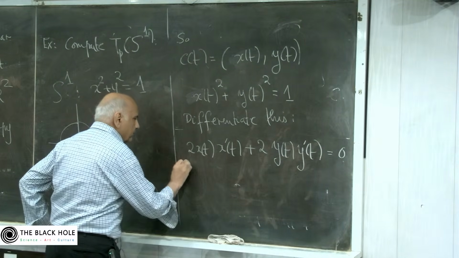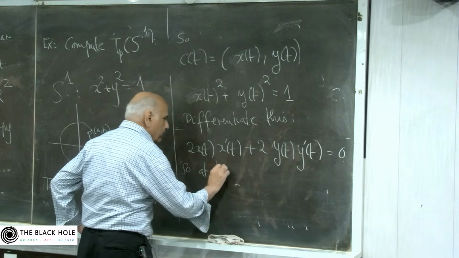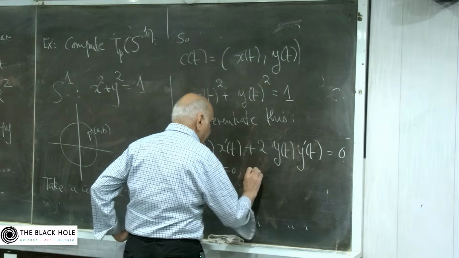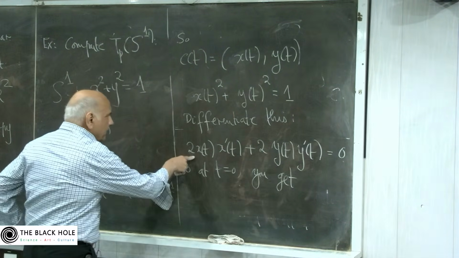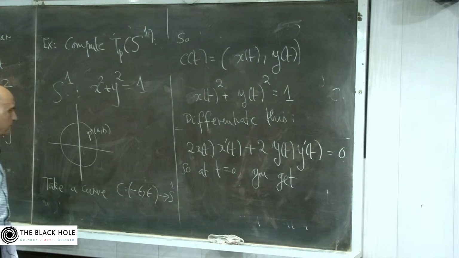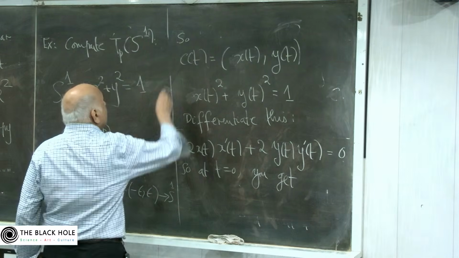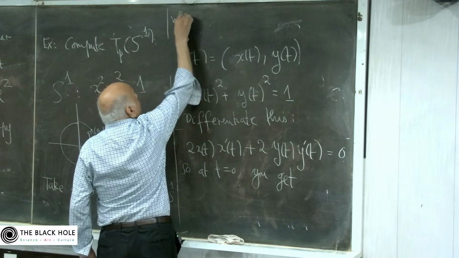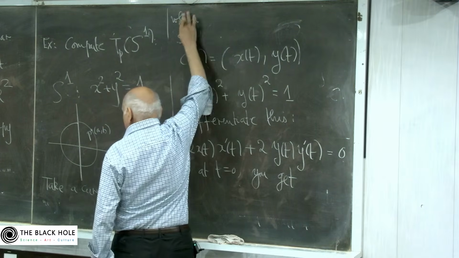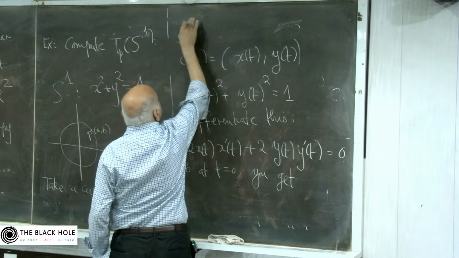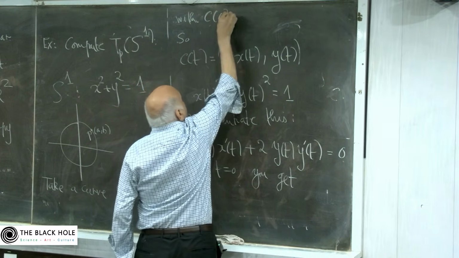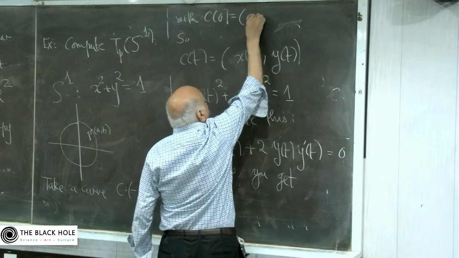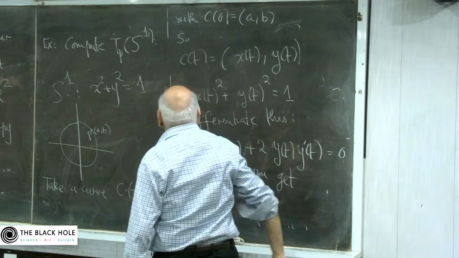Plug in t equal to 0. Two times x(0). What was x(0)? Take curve C which passes through P with C(0) equal to (a, b).